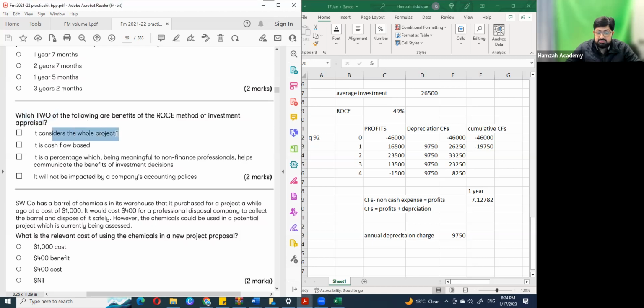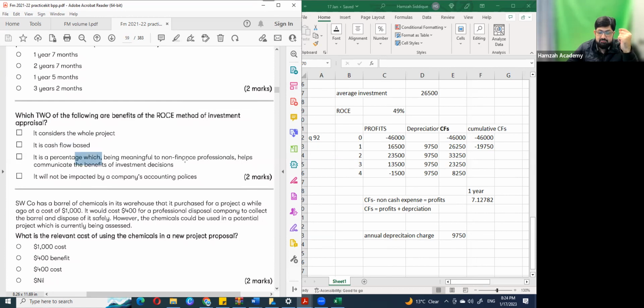It considers the whole life of the project. Yes, it considers. We take the whole project's cash profits and divide them. Now, cash flow based? No, wrong. ROS is the only method which is profits based. Wrong.